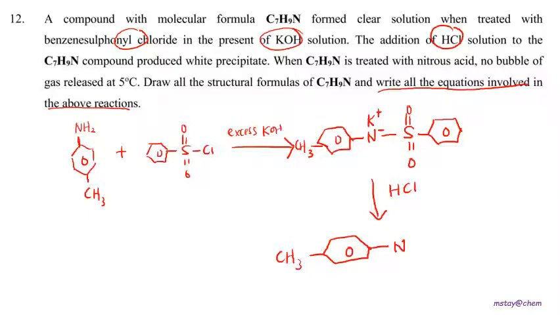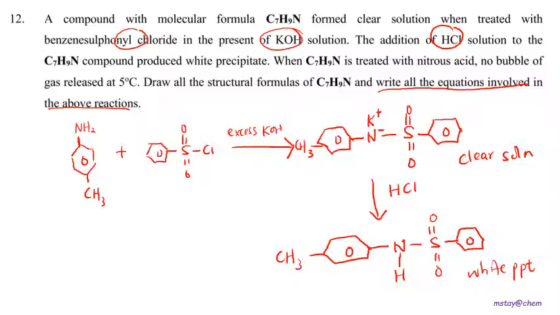So the hydrogen will bond to nitrogen here and still be connected to the sulfonyl and then connected to the benzene. So from here we will get the clear solution, and for this one we will get the white precipitate. So we already wrote the equation for the first one.